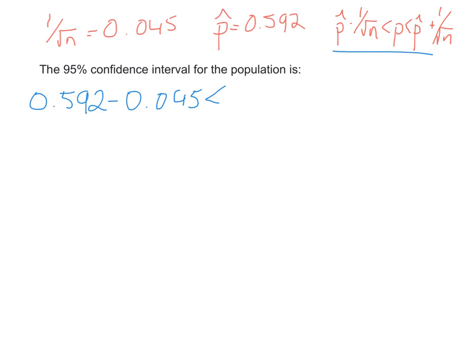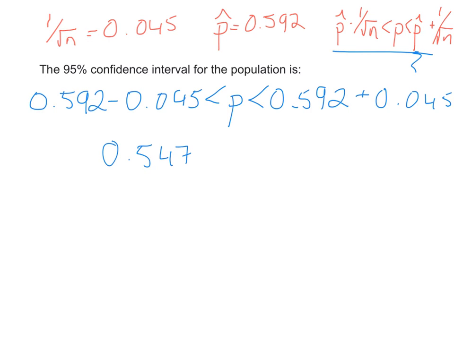This should be less than our population proportion, and this should be less than p hat, 0.592, plus our margin of error, 0.045. When we calculate this, we get that 0.547 is less than p, which is less than 0.637.